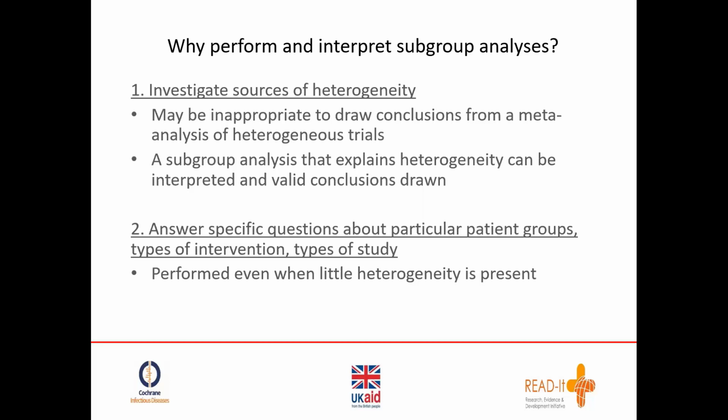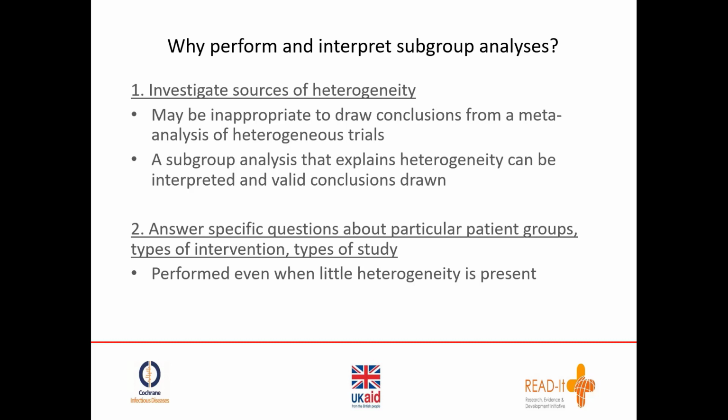So before I talk about how to interpret a subgroup analysis, it's important to know that the reason for performing the subgroup analysis is key when it comes to interpretation. So there are two reasons why you might perform a subgroup analysis. And the first is to investigate sources of heterogeneity or differences between treatment effects from individual trials in the meta-analysis.